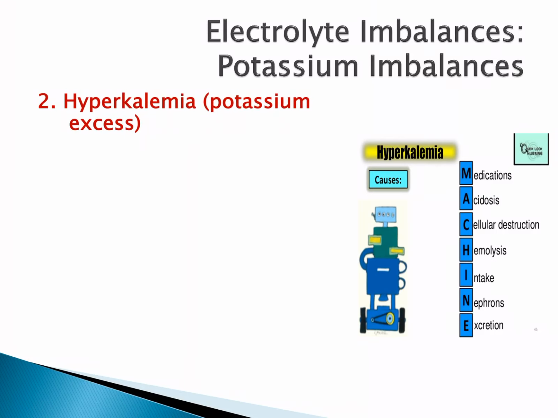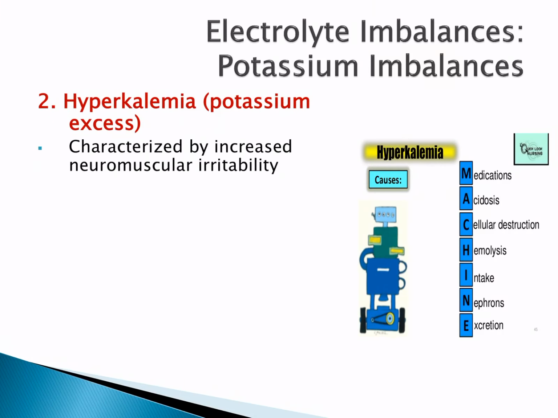We also have your hyperkalemia, potassium excess, or there is an increased level of potassium in the blood. So characterized by increased neuromuscular irritability. So everything is fast and high. Everything is high and fast. So that's the characteristic of your hyperkalemia.